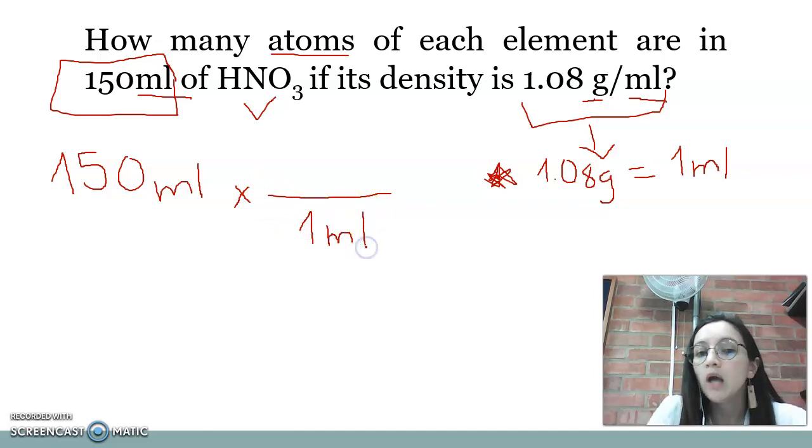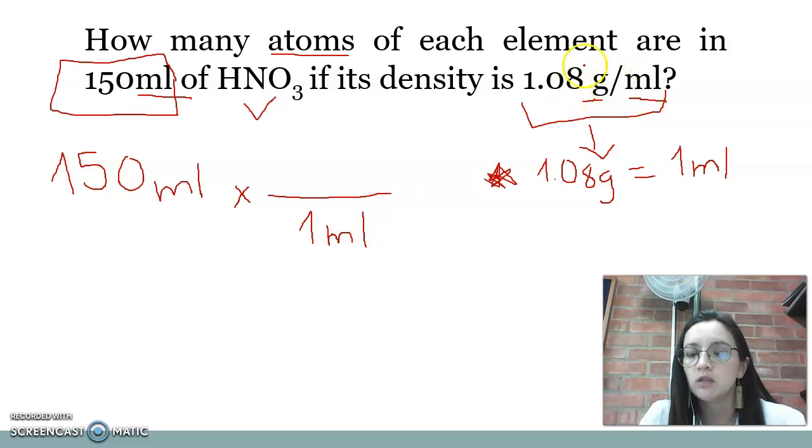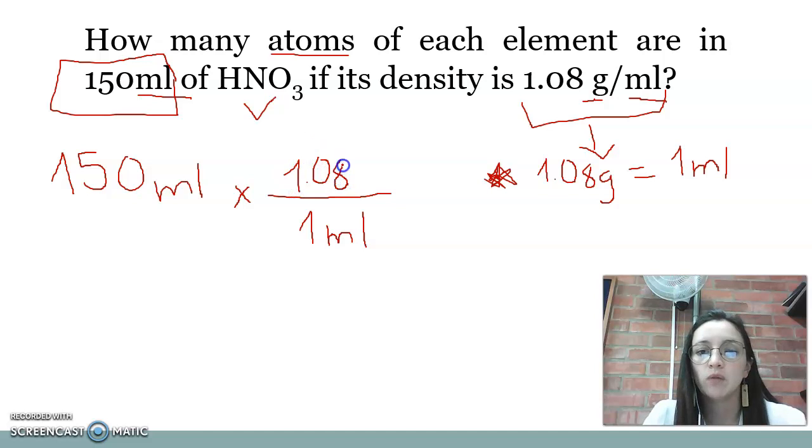So once again, why 1 milliliter? Because of the units of density, 1.08 grams over milliliter. This is the same as saying, okay, per milliliter, I have 1.08 grams. I am just writing it in a different way, but it's exactly the same information, just switching it as I need.